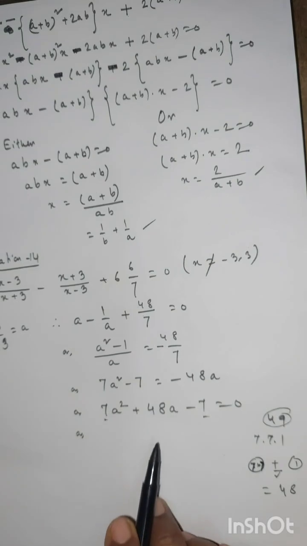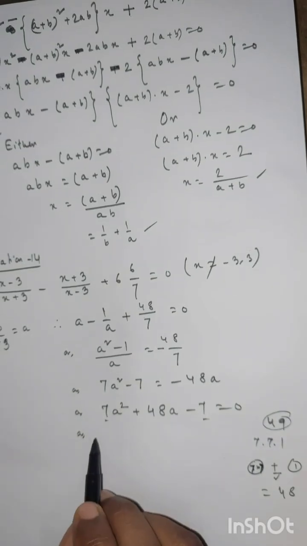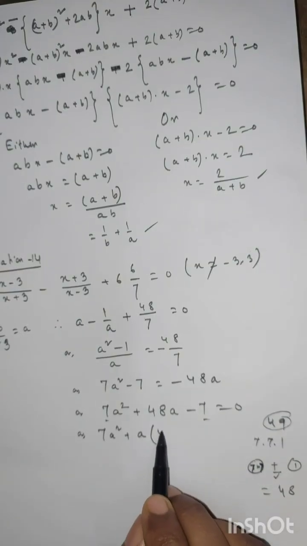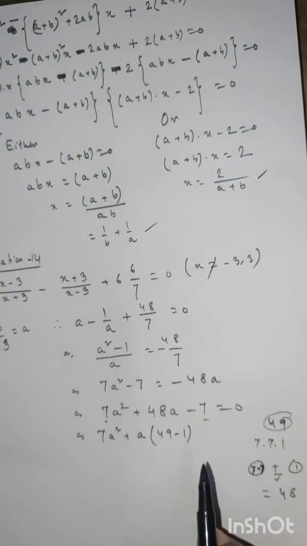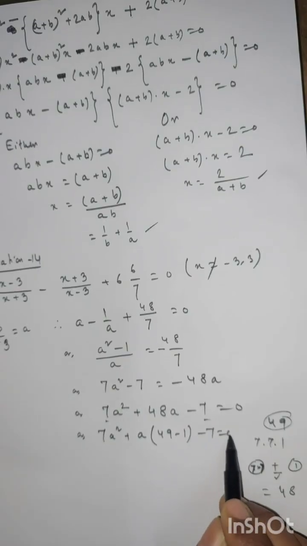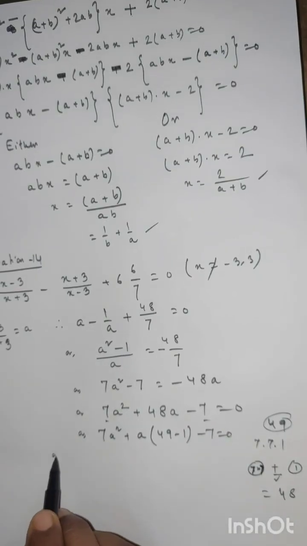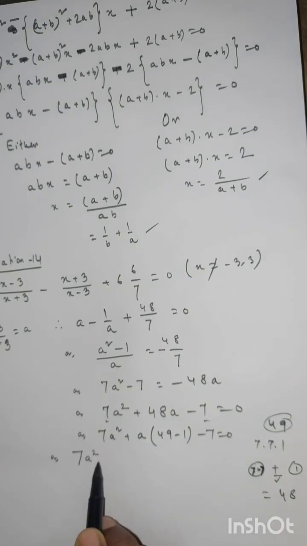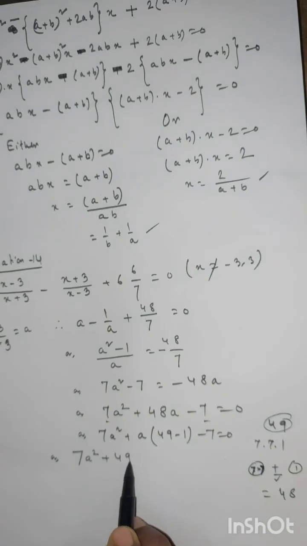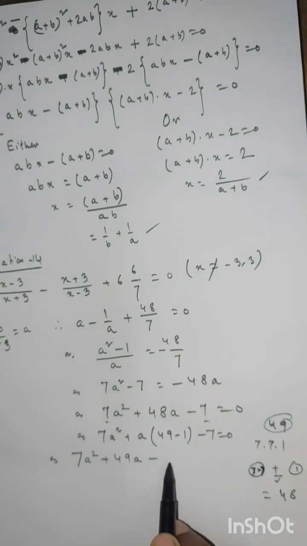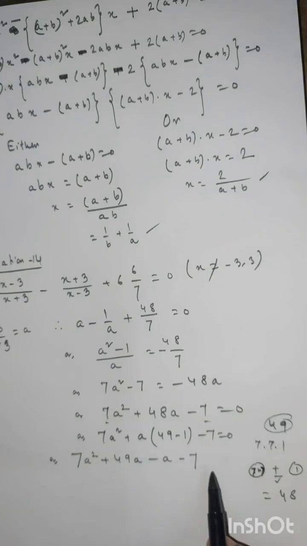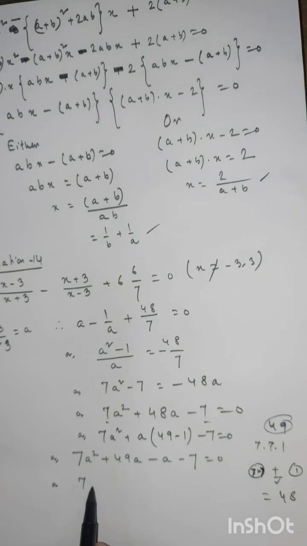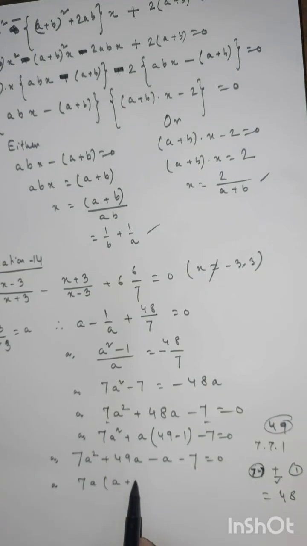So we break the middle term like this: 7a square plus a into 49 minus 1 minus 7 equal to 0, or 7a square plus 49a minus a minus 7 equal to 0.